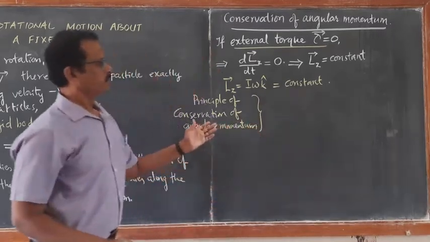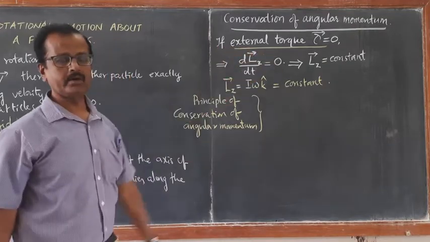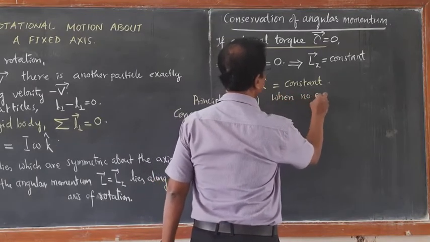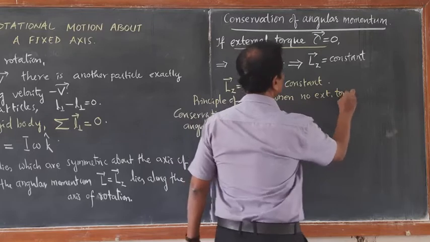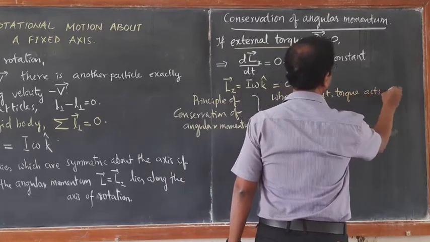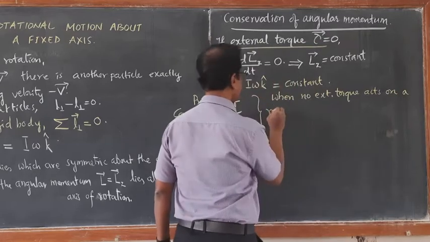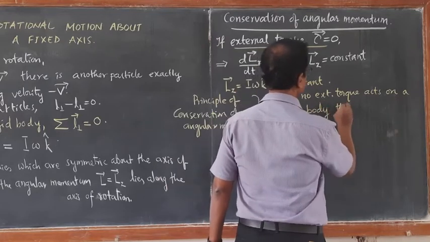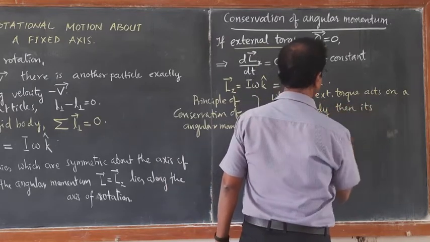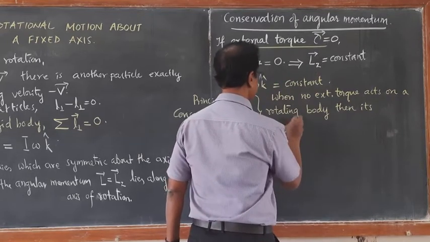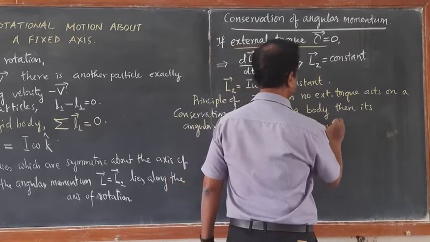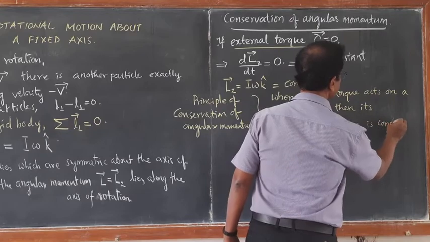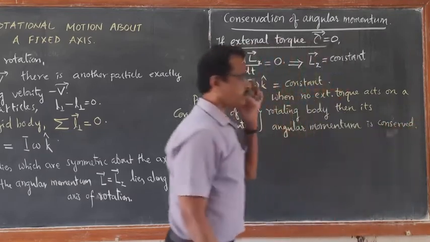When no external torque acts on a rotating body, then the angular momentum vector is conserved.